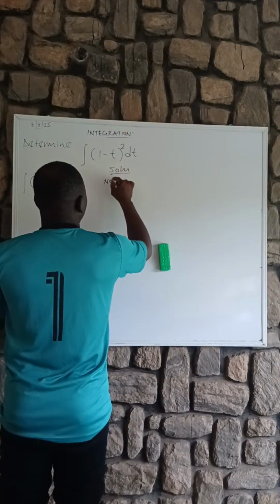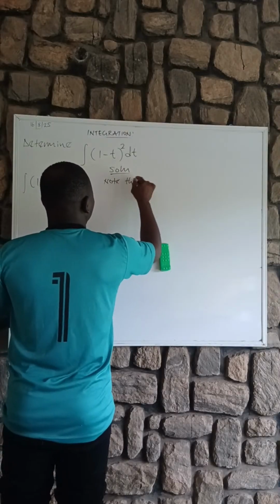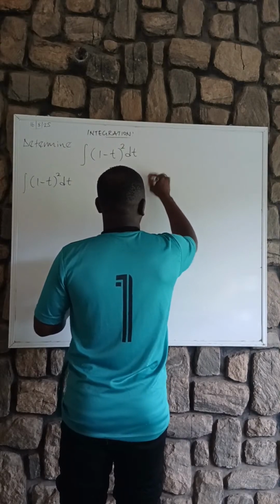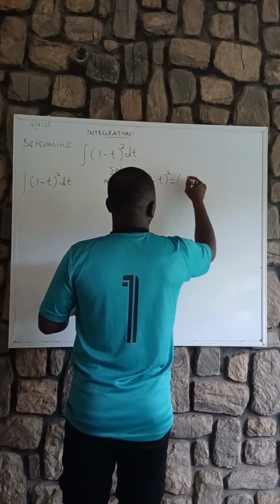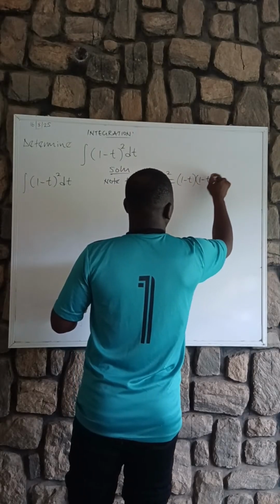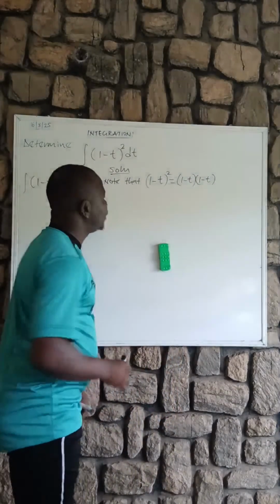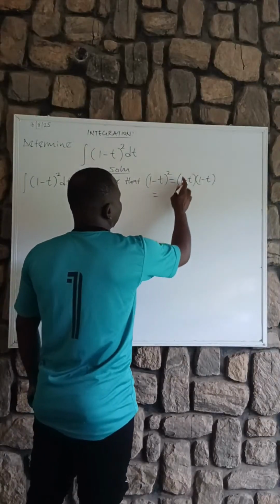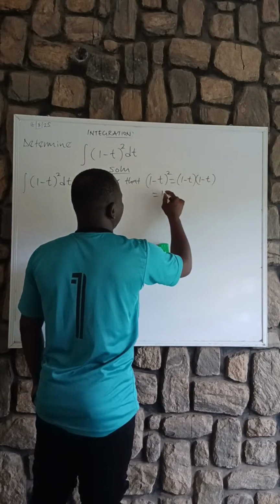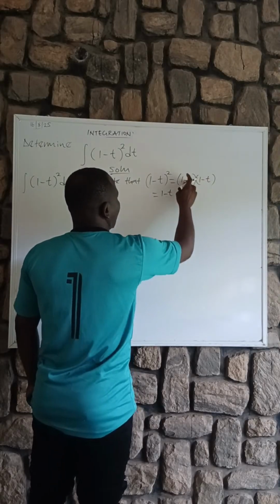So now, if we have this, let us write. Note that 1 minus t all in square is the same thing as 1 minus t times 1 minus what? t. So let us multiply. 1 times 1 is 1. 1 times minus t, minus t.